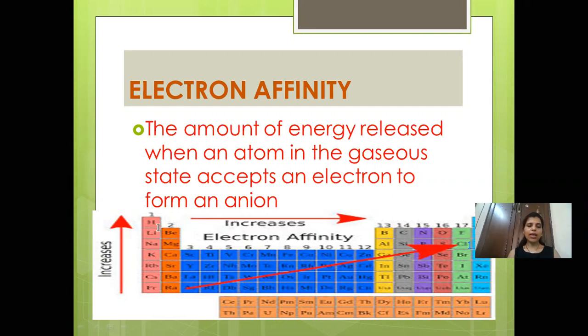So for alkali metal, lithium, the electronic configuration will be 2, 1. And for fluorine, it will be 2, 7.